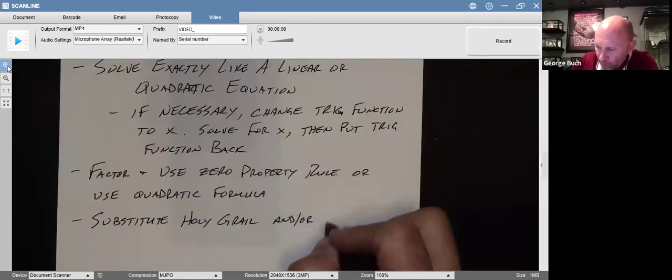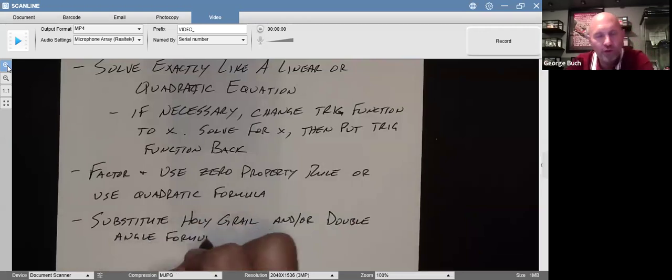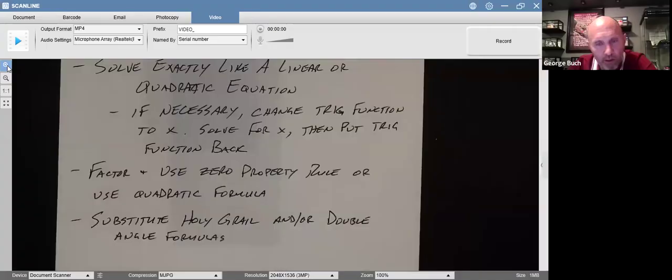A lot of these problems we'll be able to get all sines or all cosines by substituting the Holy Grail or the double angle formulas.